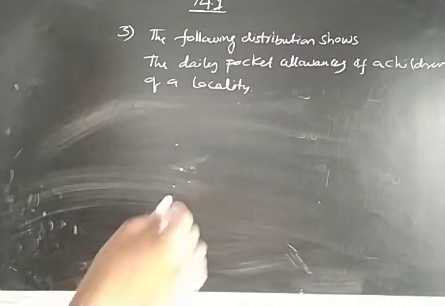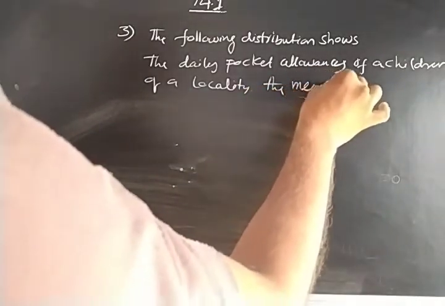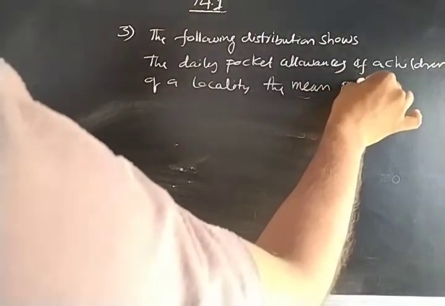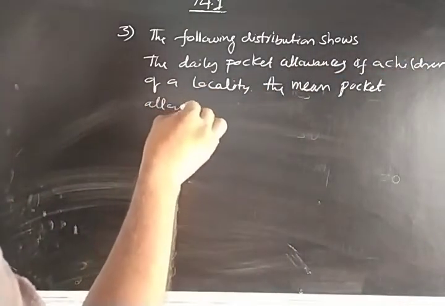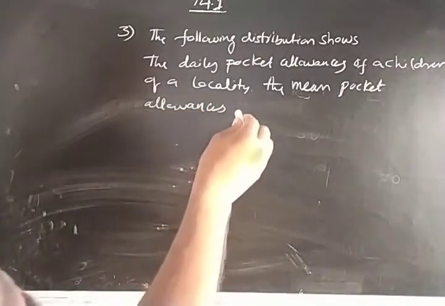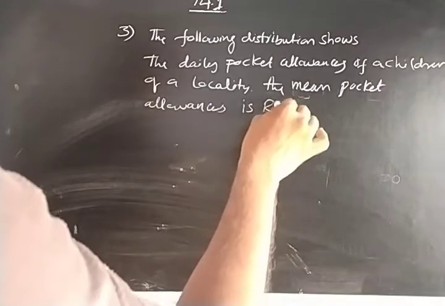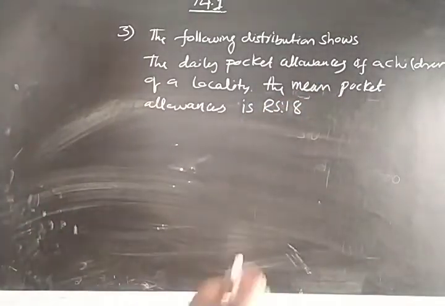The mean pocket allowance is rupees 18. So the mean is given here. Find the missing frequency F.